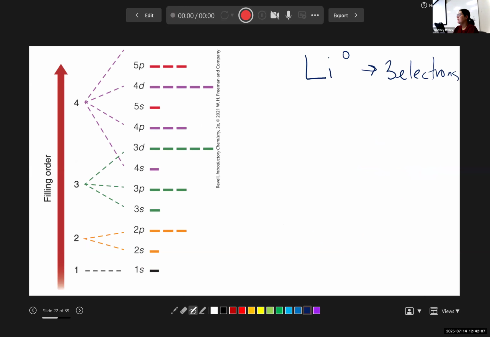So as I fill in this table, I should only have 3. 1, 2, they can only have 2 per. 3. So I'm done if it's lithium, neutral charge. So if I need to write the electron configuration for lithium, it would be 1s2, and then what will be the next one? 2s1.